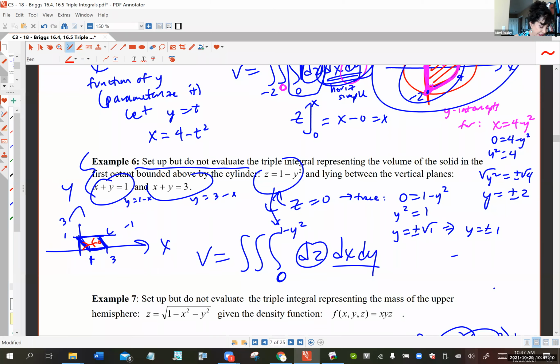The upper limit is going to be this equation here, and if you solve this equation for x, you get x = 3 - y, so that's the upper limit for x. And then his feet are on this other diagonal line, which when you solve this equation for x, you get x = 1 - y. And y is going between 0 and 1 for the outermost integral. Always has to be pure numbers.